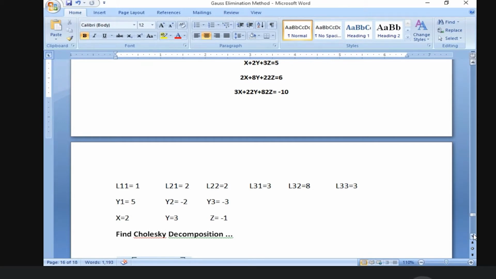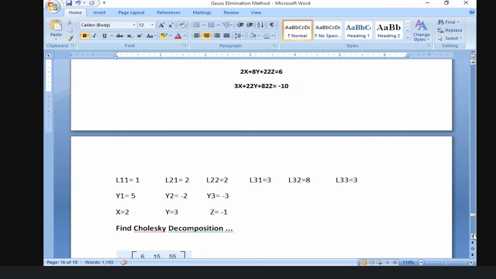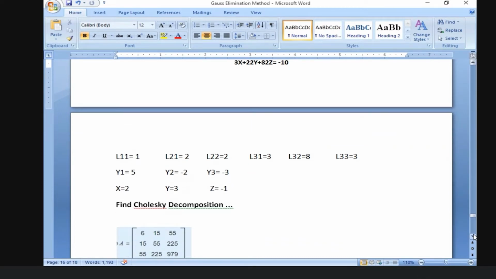Because of that reason only, we are taking the absolute values instead of the relative values whenever we do the solution with the help of the matrix, right? Okay.